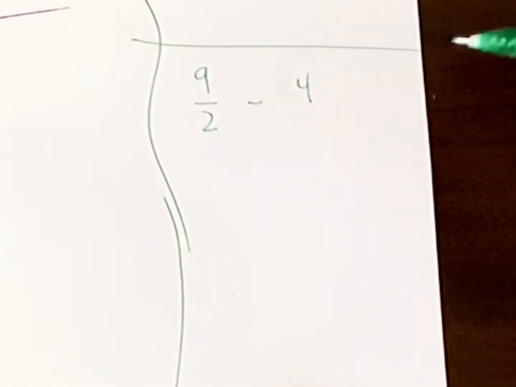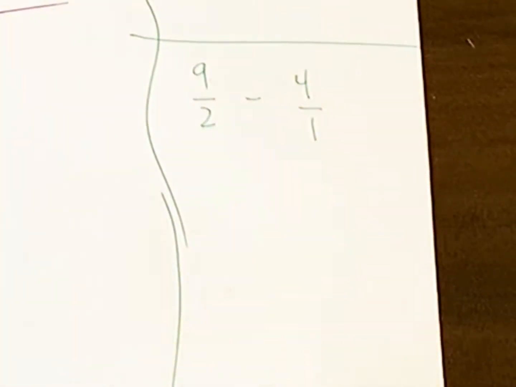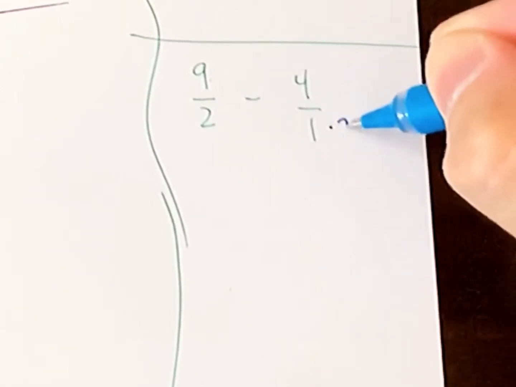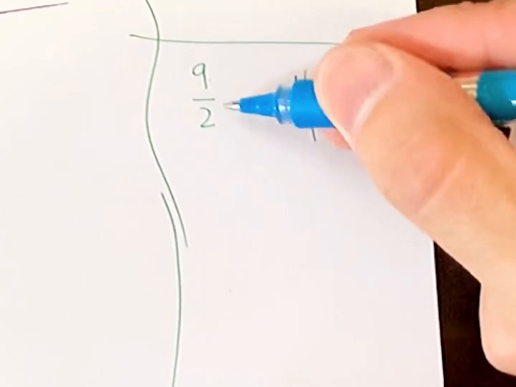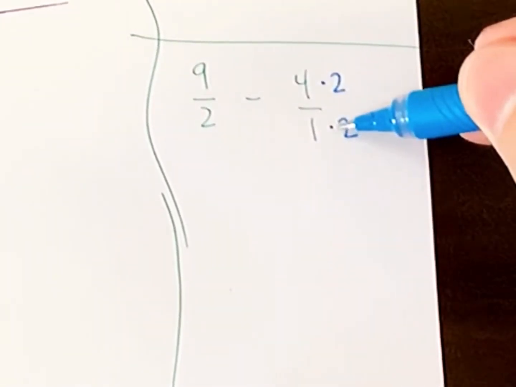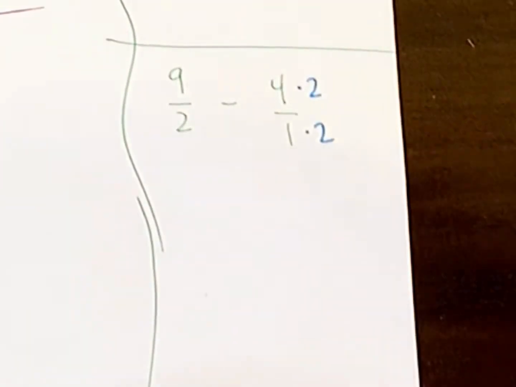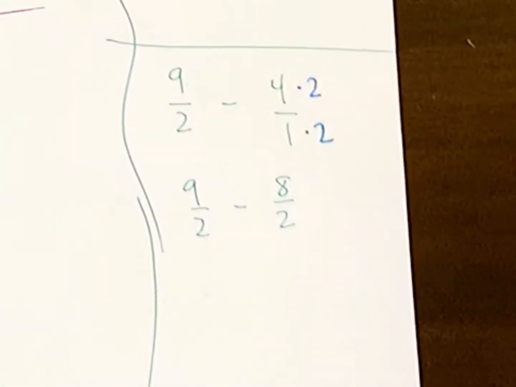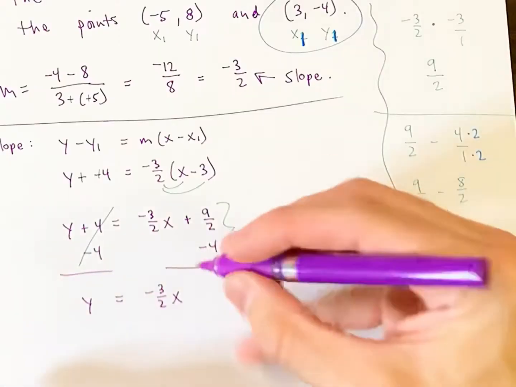Now, underneath the 4, there is a 1. But if you want to subtract fractions, you have to have a common denominator. If this is 2 and that's a 1, I can multiply this by 2 because the bottom would become 2, which matches with this. But if you multiply the bottom by 2, you also have to multiply the top by 2. So this becomes 9 over 2 minus 8 over 2. And that, of course, is just 1 over 2. So that 1 over 2 goes back here.